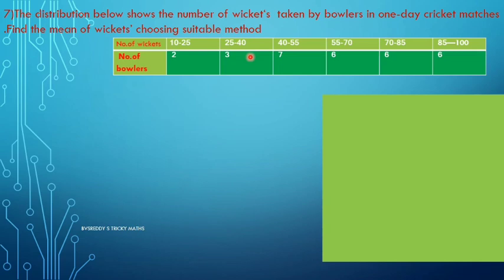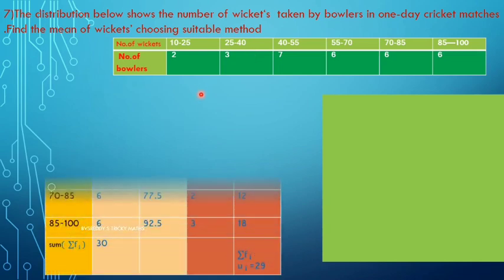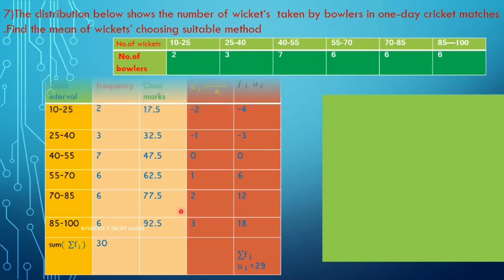From this table we also prepare another table with 4 or 5 columns. Class interval and frequency are given. Now what about class marks? The third column is class marks. How can you get class marks? It is nothing but the mid value of the class interval.